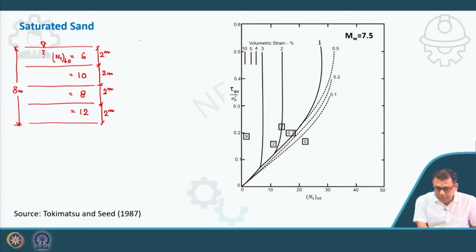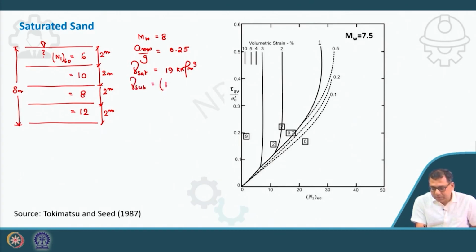Here I am designing it for Mw equal to 8 with amax by g equal to 0.25, and gamma sat here you will use is 19 kilonewton per meter cube. So, my gamma sub will be 19 minus 10, that is 9 kilonewton per meter cube, provided we have considered gamma w as 10 kilonewton per meter cube.